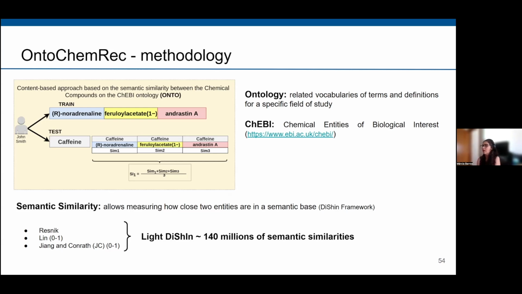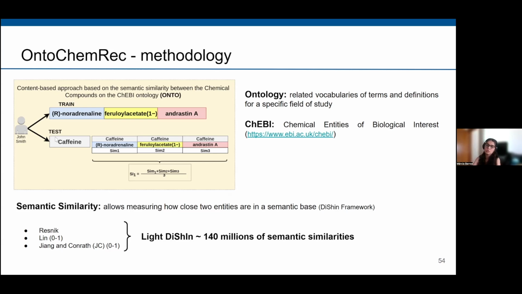Okay, how does this work? It's a very simple approach. So imagine that you are a user, and by the way, the users in this data set are researchers. So imagine that you are a researcher. Your training data include chemical compounds that you already worked with.